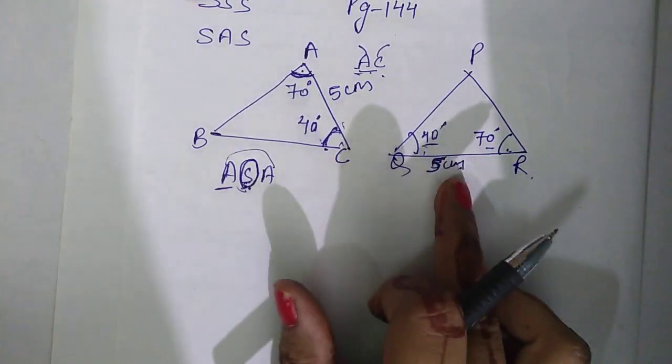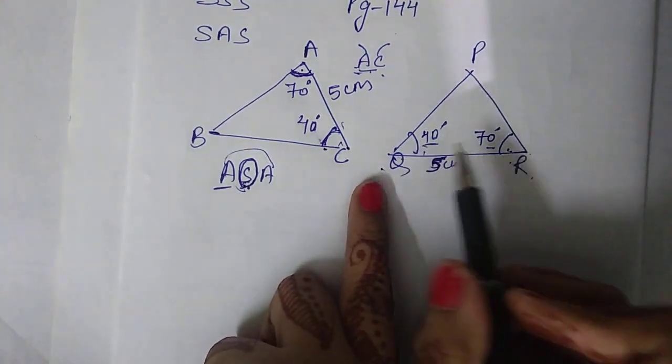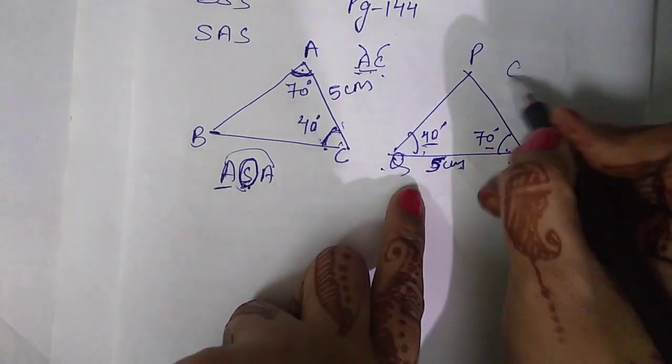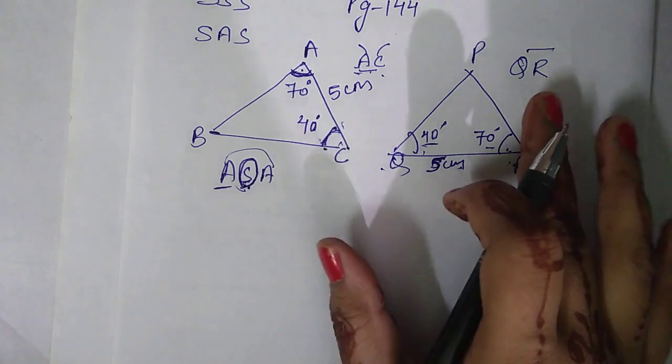In this example also we have angles at vertices Q and R, so the side must be QR. Okay, so that is the included side.